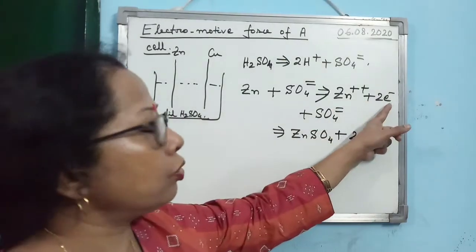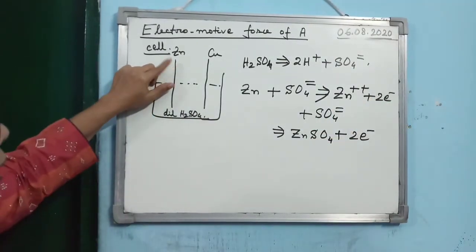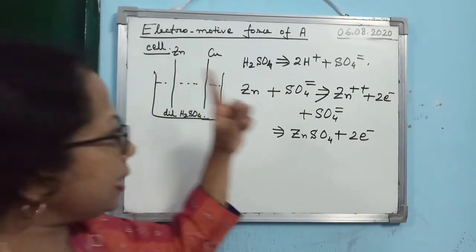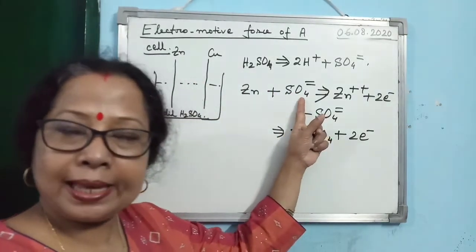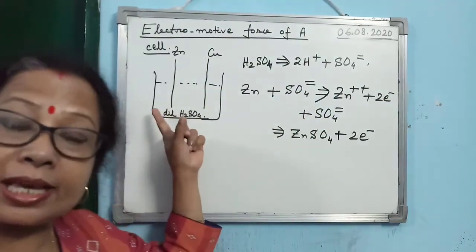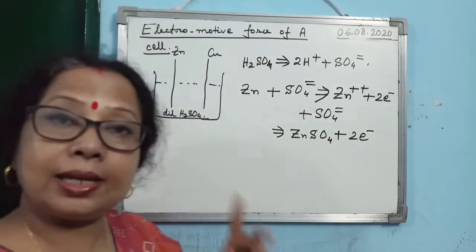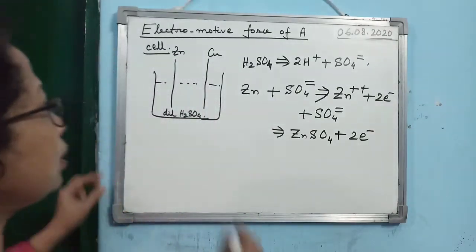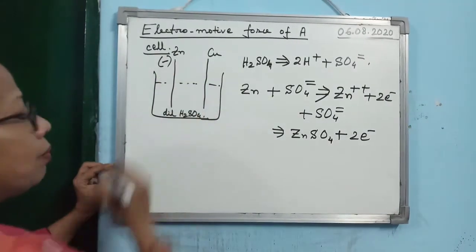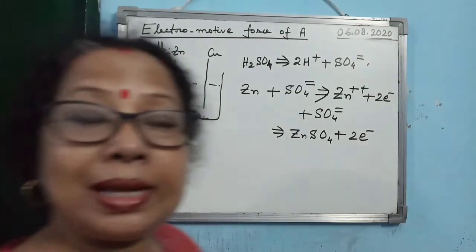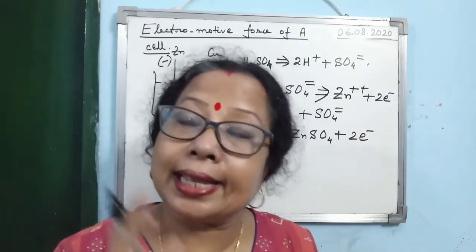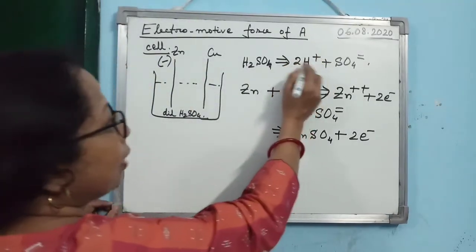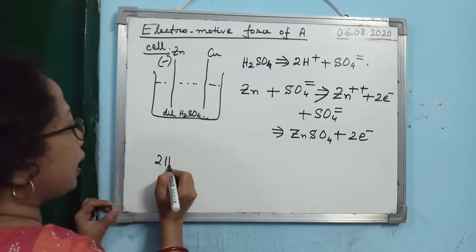Where will these 2 electrons go? These 2 electrons will stay in the zinc plate itself. So for each sulfate ion reaching the zinc plate, it will get 2 extra electrons. So zinc will become negatively charged, meaning zinc will have negative potential. Now what will happen to the hydrogen ion?